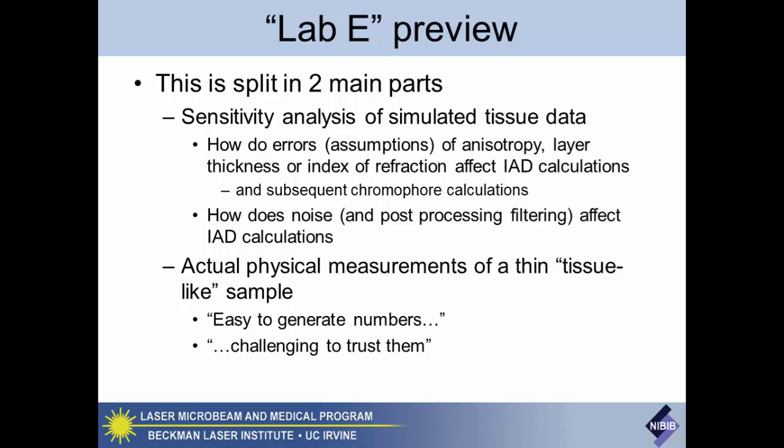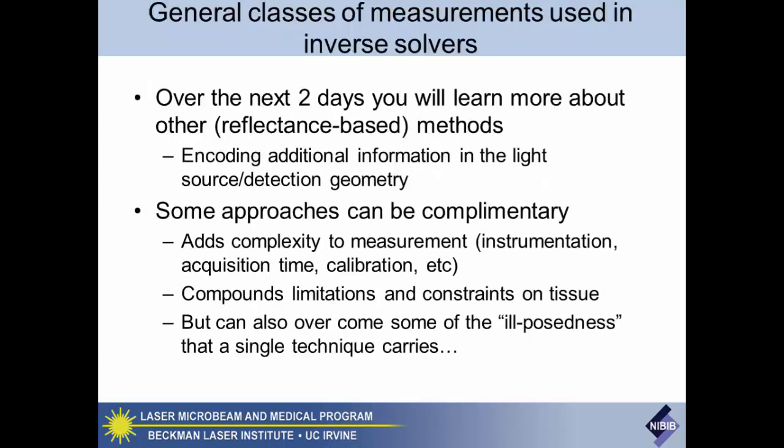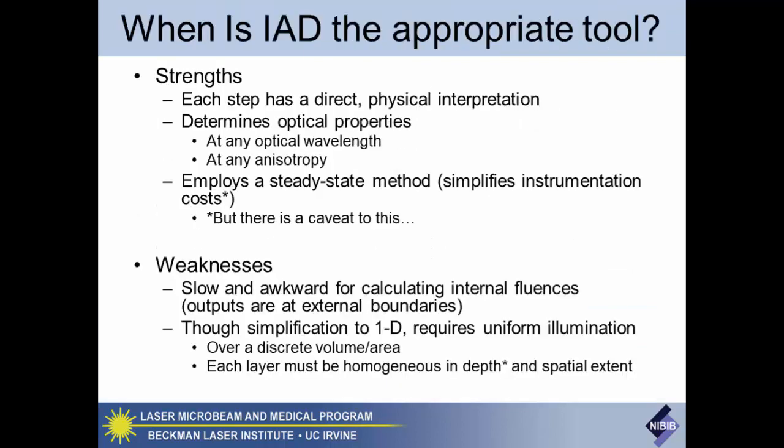On your strengths and weaknesses slide, you talked about how the method also works for internal fluence, but it's slow and awkward. I'm just wondering how the calibration works for that case.